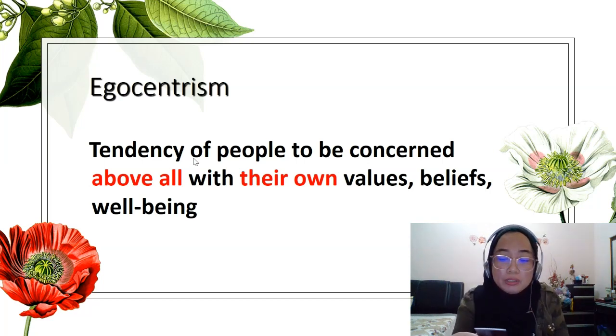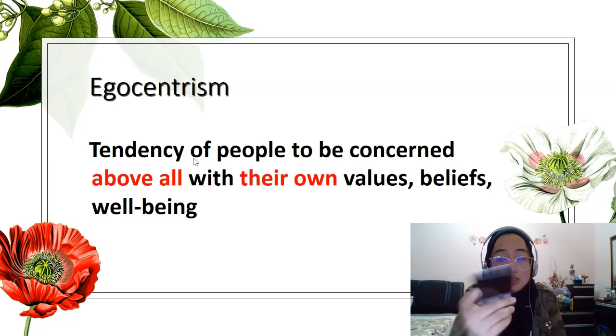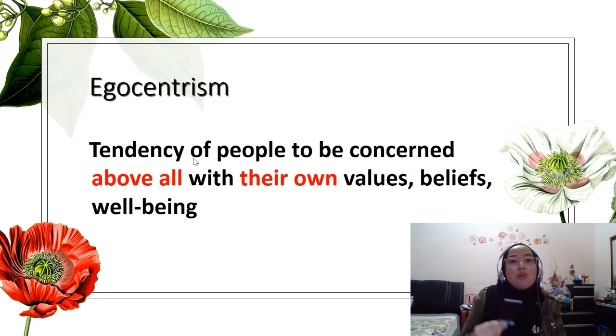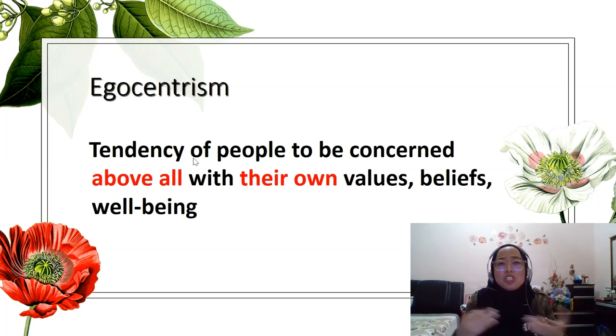So when you first look at a group photo, the first person that you look at is actually yourself. Why? This is something that psychologists call egocentrism. It's pretty normal for you to find your face and zoom into it to see if you're looking good.